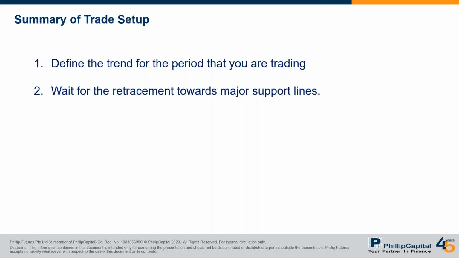Once we identify the trend, we don't straight away jump in unless it's near the major support or resistance level. The major support or resistance level will be at 100 EMA or 200 EMA. So once we identify a trend, we'll wait for retracement back to EMA 100 or 200.